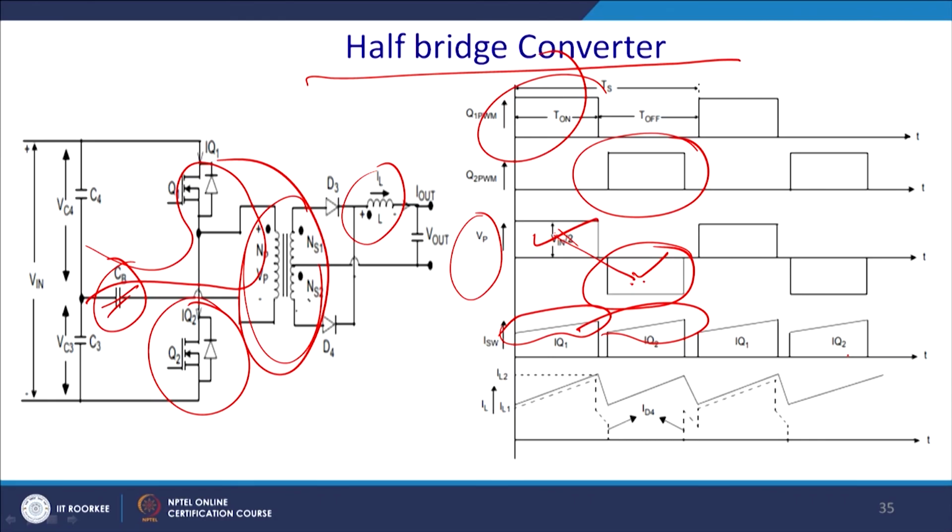It has a huge power handling capability, and since it uses 2 switches, the voltage stress of these switches is half of the DC bus voltage. All those advantages can be coupled into the system, and it can handle power in the range of hundreds of watts. So this is the half bridge converter.